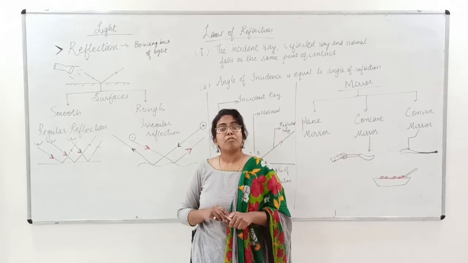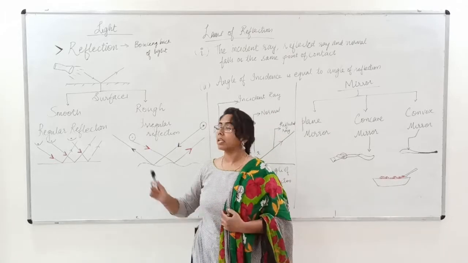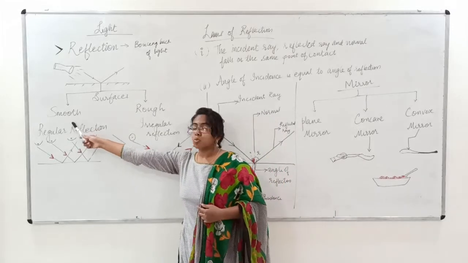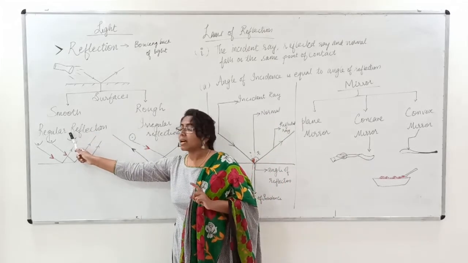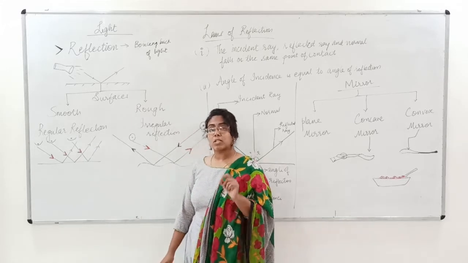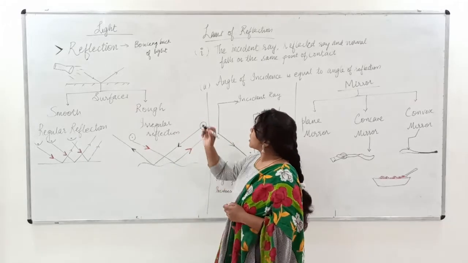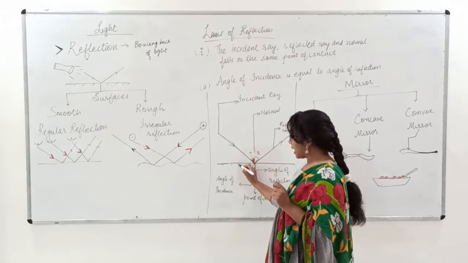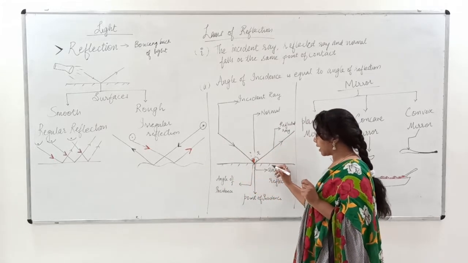When we are learning physics and the topic of reflection, we only take a smooth surface as well as regular reflection. Why do we do so? So that we can learn that as soon as light falls on a surface, this is a surface and I am just making one line. Why am I making it?